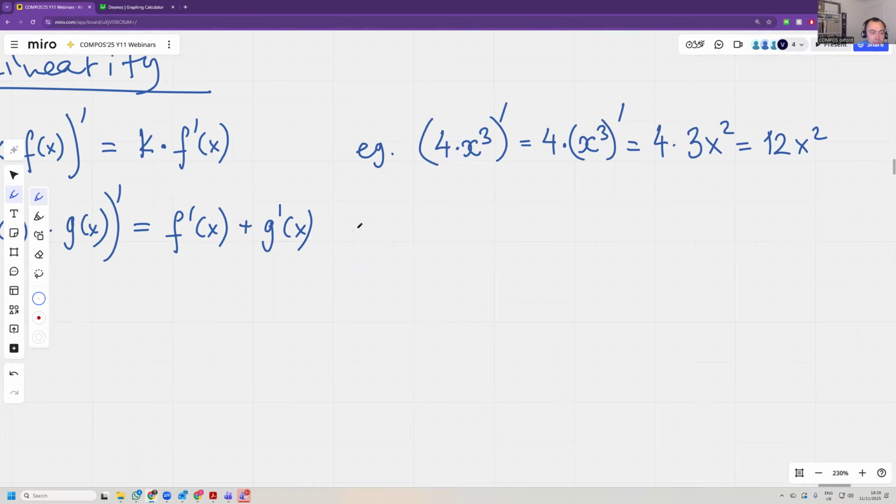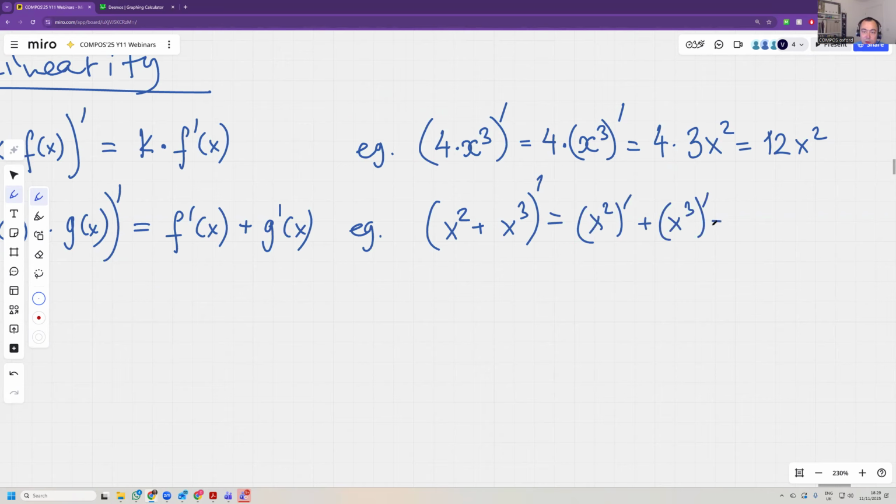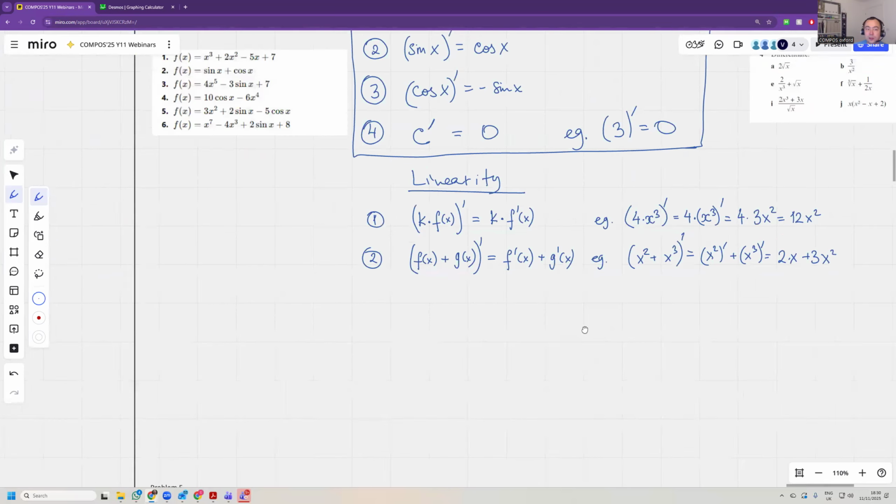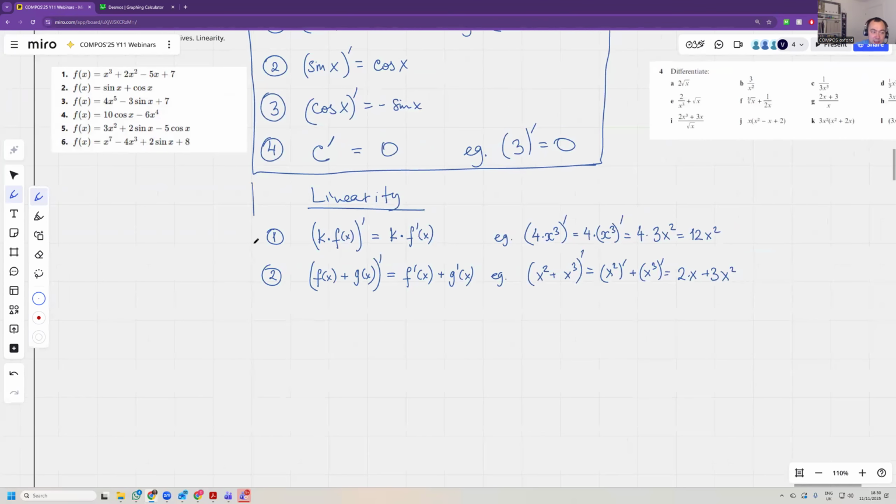For the second one, if you have x squared plus x cubed, then you just find the derivative of x squared separately, and then the derivative of x cubed separately. The derivative of x squared is 2 multiplied by x to the power 1, plus 3 multiplied by x squared. So the first is the standard, and this is linearity. So the derivative is linear.